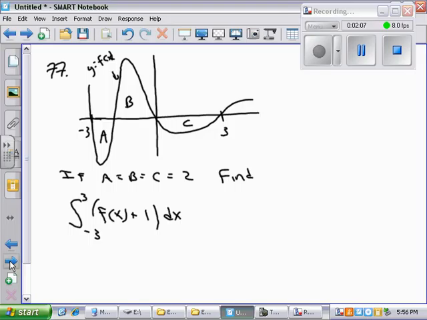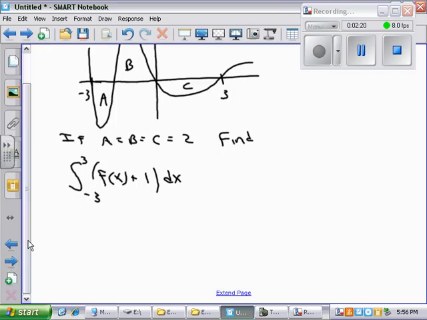77. Okay, 77, they tell you that this area A is 2, this area B is 2, and this area C is 2. And they want to know what the definite integral of f of x plus 1 is. This is a common question where they want to know that you can break up a sum or a difference.